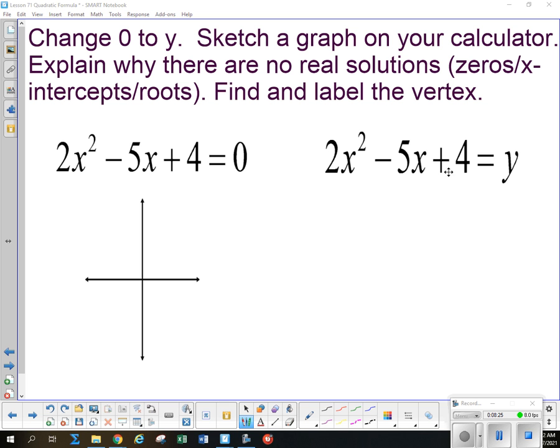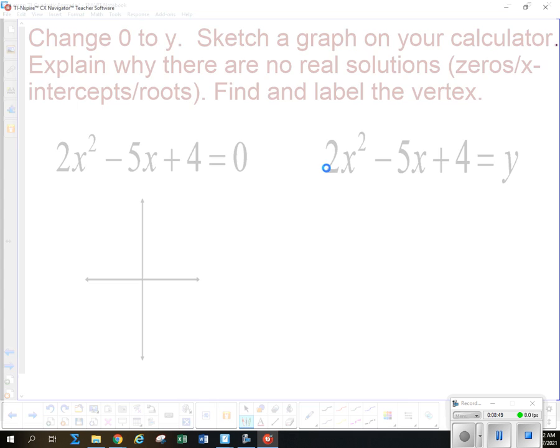Now, instead of 0 equals that, I'm going to say y equals that. Does that much make sense to everybody? Then we want to enter that on our graphing calculators as a function. So grab your calculators, type in for a function, not a relation like we were doing yesterday.